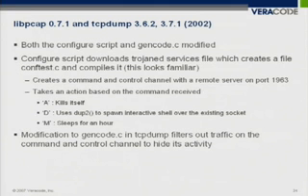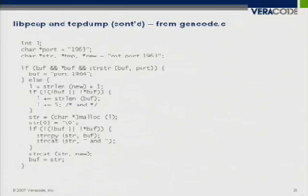The difference in this case was that TCP dump itself was also modified to filter out traffic on that channel. So if for some reason you were looking for any traffic on that port, it wouldn't show you. I've got an example of that piece of code.